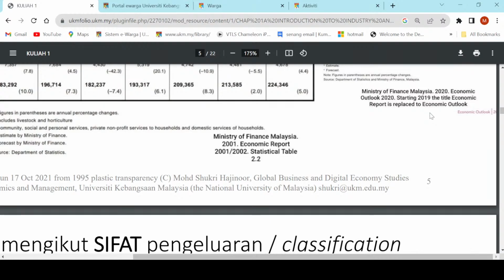This is an example of 2020. So in the past, the constant price was based on 1987. If today, 2023, we were still using 1987, it would be too outdated. So that's why they use the latest suitable or available base, which is 2015 constant prices.